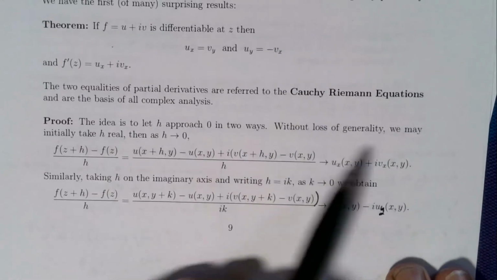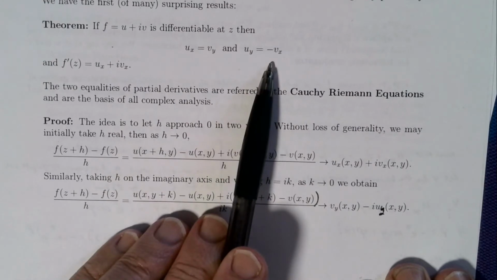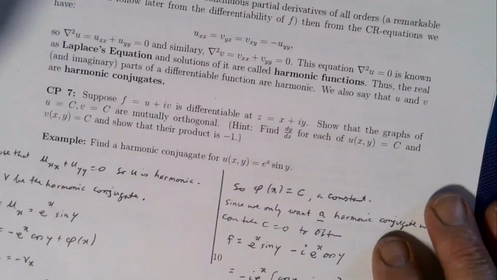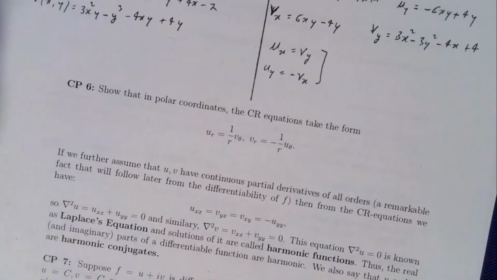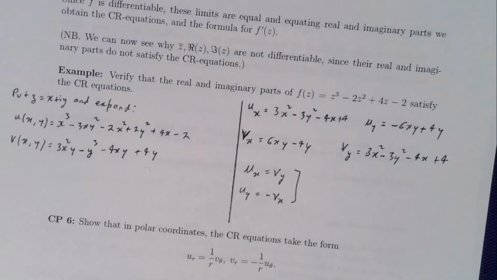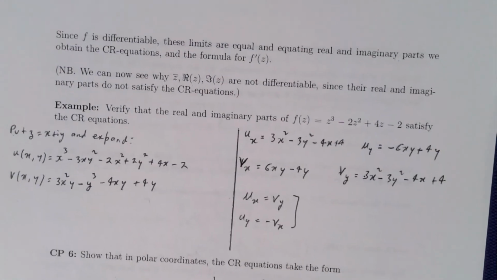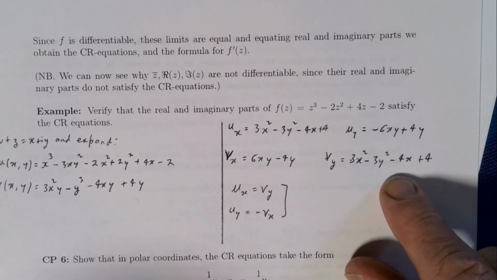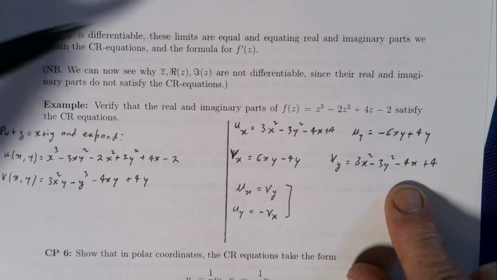And they were our Cauchy-Riemann equations. So, as I mentioned, if f is differentiable, these limits are equal, and equating real and imaginary parts, as we saw, gives the Cauchy-Riemann equations, and we also get the formula for f dashed.